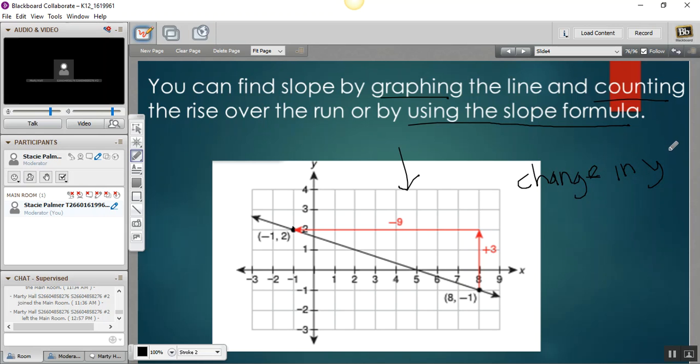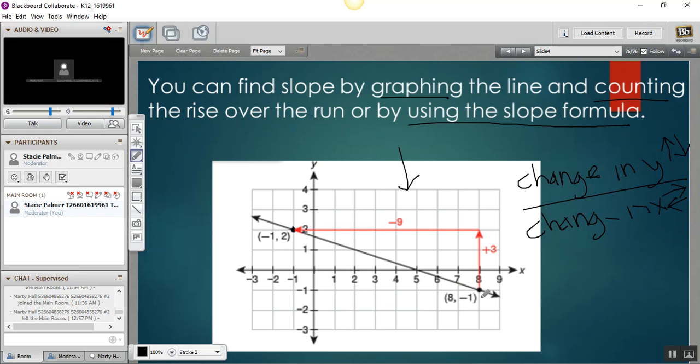Okay, so how many did we move up or down to get to our next point? That's going to be the top of our fraction. And then we need to do the change in the x. So how many did we move to the right or to the left?